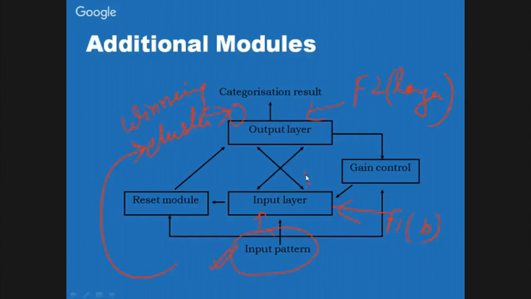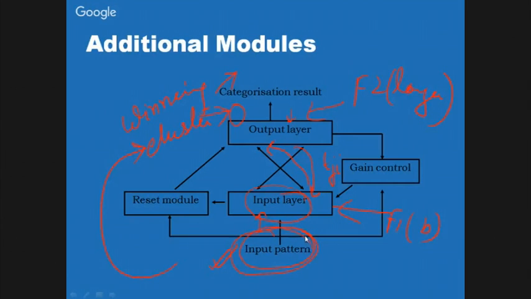It checks with the bottom up weights, but that is not sufficient. After finding the cluster, it again gives the output to the input layer with the top down weights, and again we find the output, and whatever output we are getting there should be the same as your input.